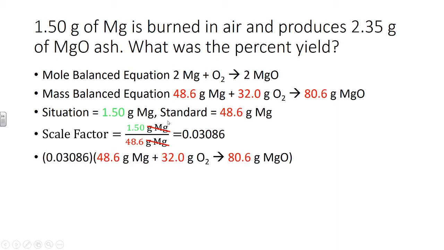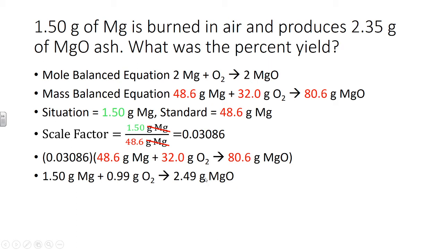Applying the scale factor to the entire equation tells us that we expected to make 2.49 grams of magnesium oxide. So this is the theoretical yield. Once you have rescaled your mass balanced equation, the theoretical yield is what shows up on the product side. So our theoretical yield of magnesium oxide was 2.49.